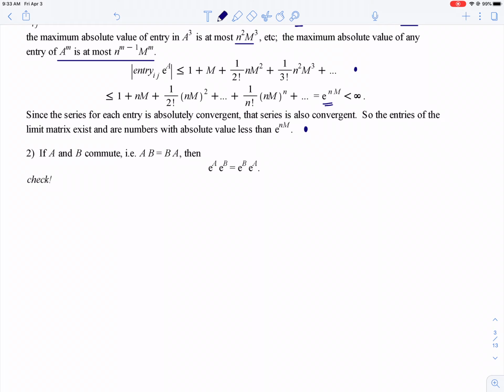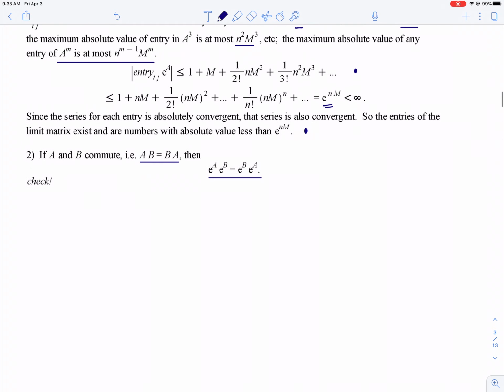But if AB does equal BA, then e to the A times e to the B equals e to the B times e to the A. So let's see why this is true. And in this computation, we won't worry about convergence, but we'll operate more formally. So let's just write down what e to the A times e to the B is.